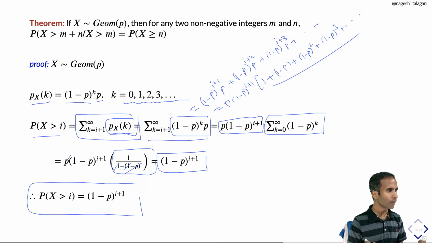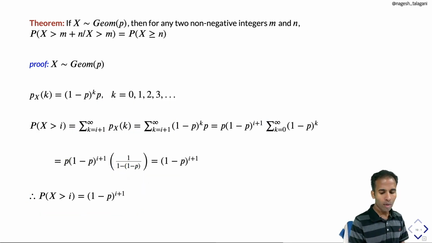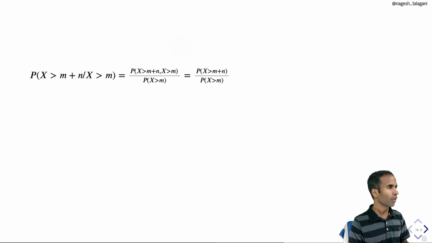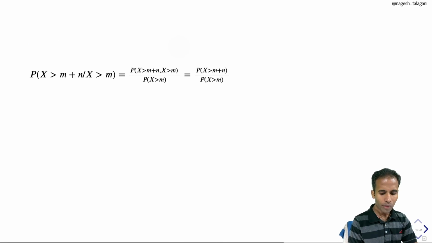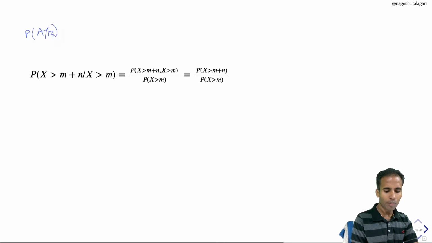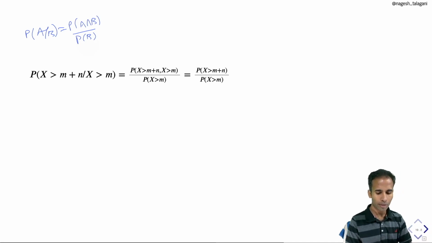Okay, fine. Next. Now let's prove this. The probability of x bigger than m plus n given that x bigger than m: we know the conditional probability. Probability of A given B means, by definition, the probability of A intersection B by the probability of B. A intersection B means A and B here, right?